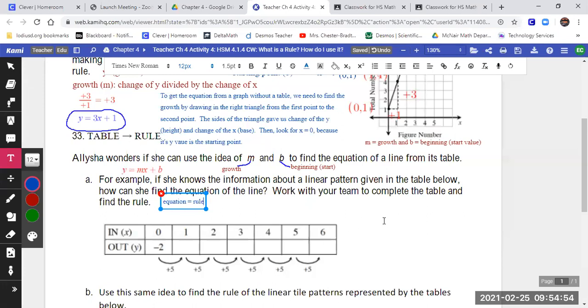Okay. So is there enough information using the table that's here to write the rule for it? Is there enough information that's already marked to write the rule for it? What do you think?